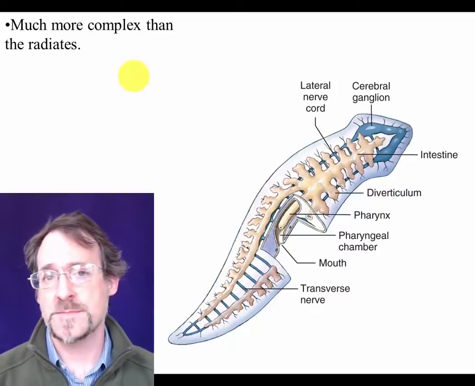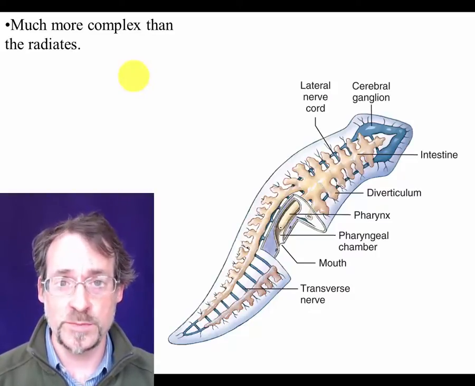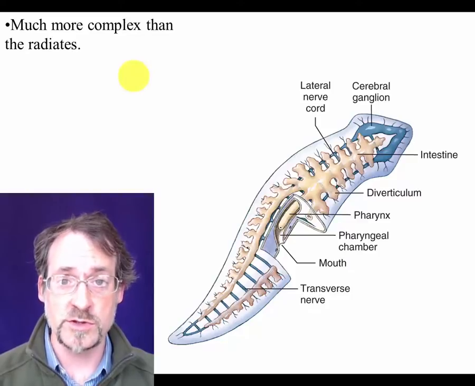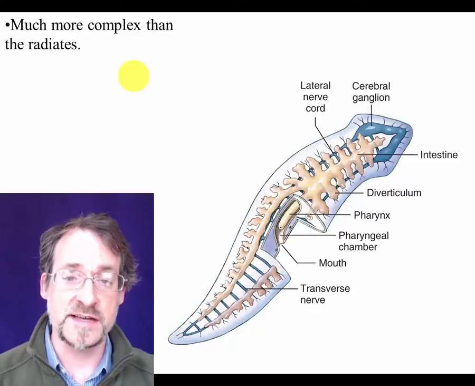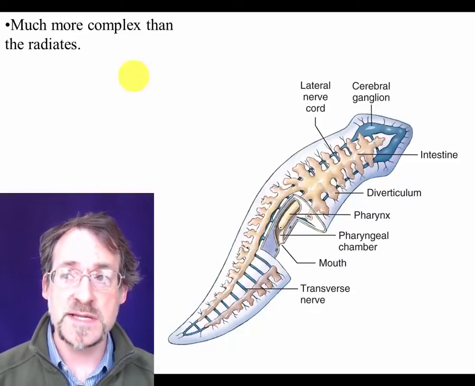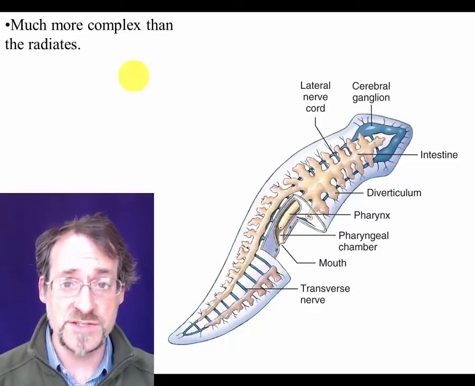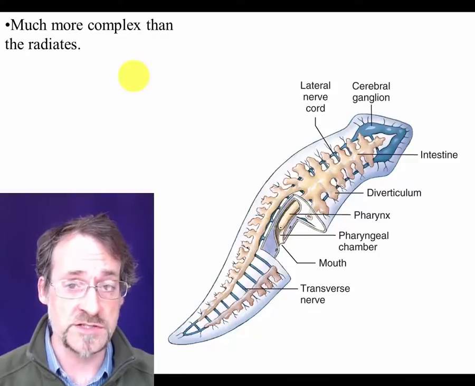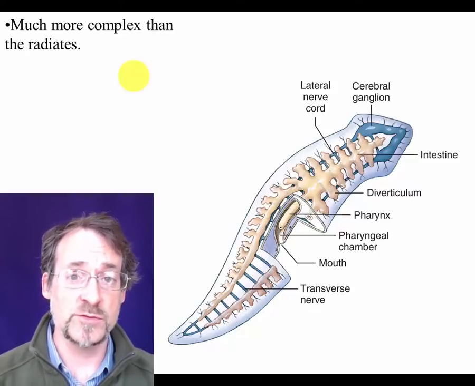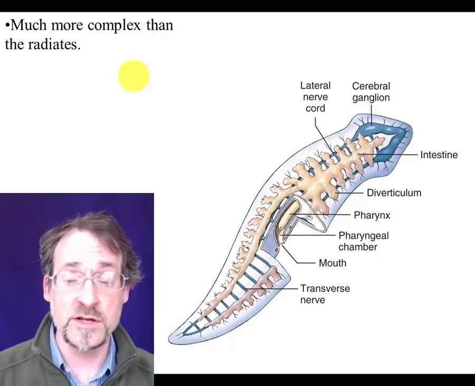The Platyhelminthes, the flatworms, this first group among the protostomes that we're looking at, are much more complicated than the radiate animals. This middle tissue layer, the mesoderm, has developed into a wide variety of internal organs that work in a much more complicated way to support a more complicated organism.